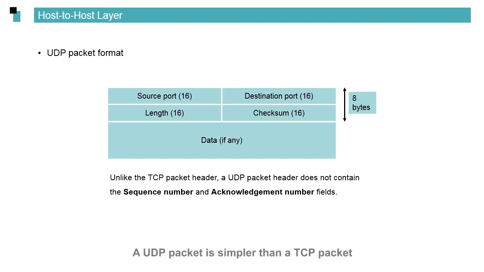A UDP packet is simpler than the TCP packet. The UDP packet merely contains 4 fields: source port, destination port, length, and checksum. UDP transmits lower layer packets in an unreliable fashion because UDP packets carry no sequence number or acknowledgement number.